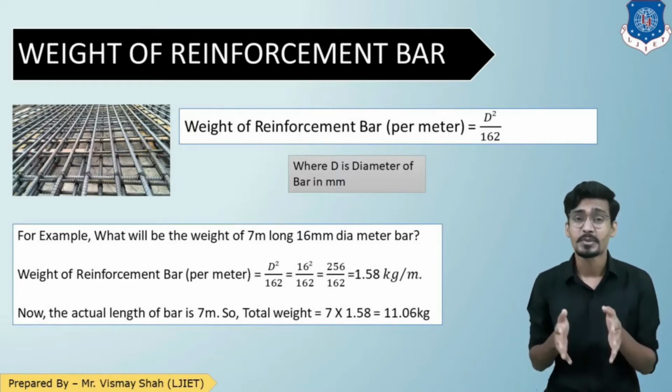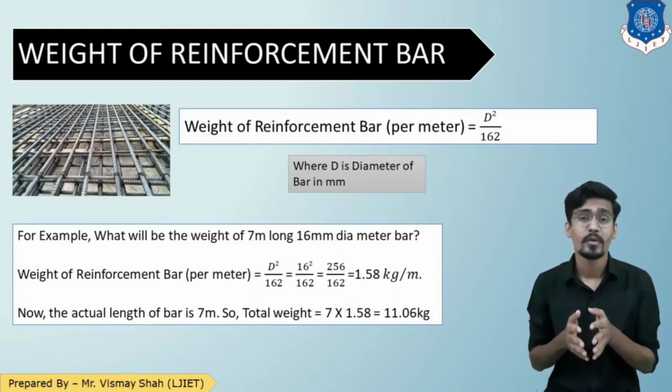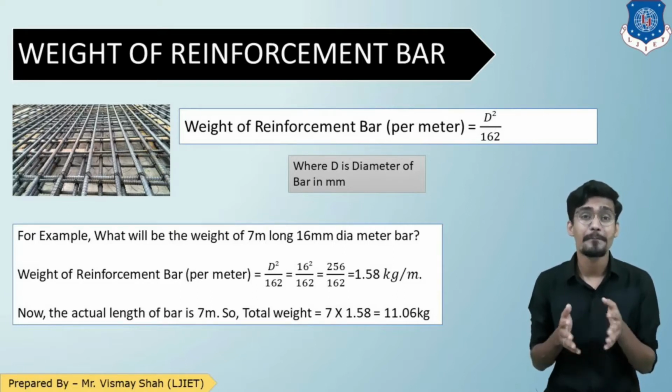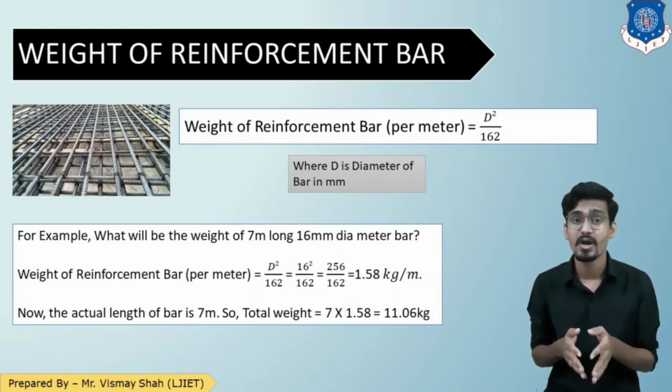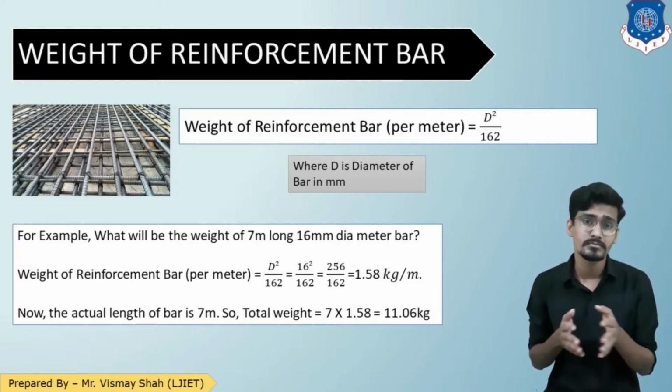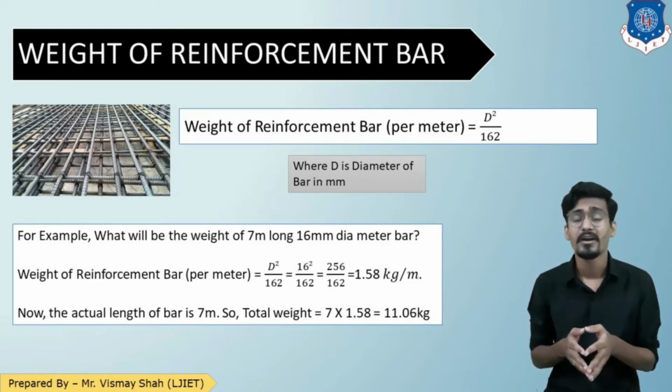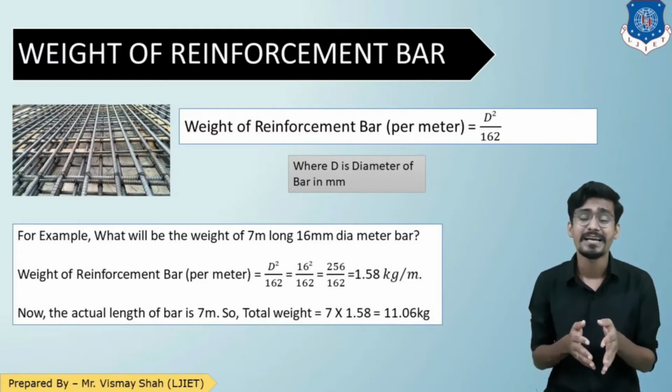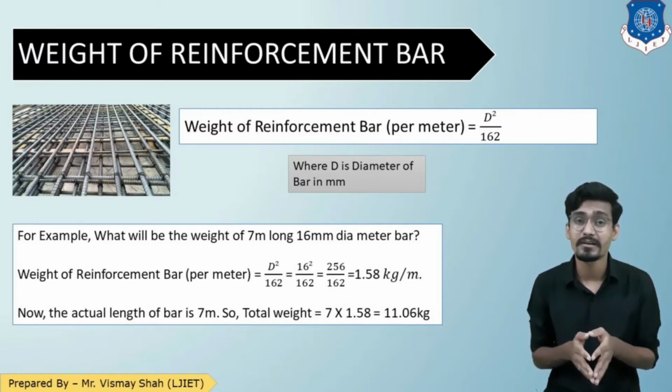Yes, students, have you ever felt that the steel which we are using is placed in meters or in feet, but while you order that steel, that should be in kilograms. So we need to convert our quantity into weight. So we need to find the weight of a reinforcement bar.